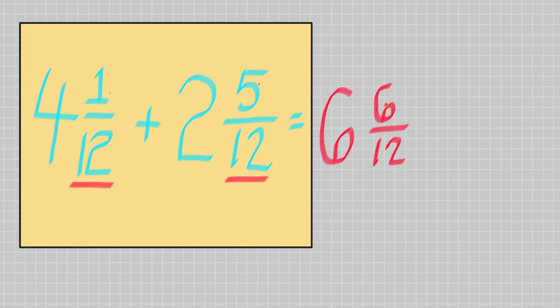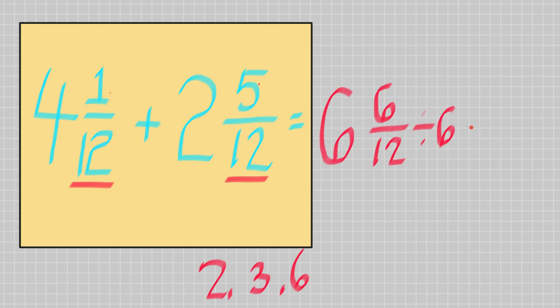Now, is your answer final? No, not yet, because the proper fraction here can be simplified. What is the greatest number that can possibly divide 6 and 12? 2 is possible, of course. 3 is possible. And 6 is possible also. So what will we use? We will use 6.